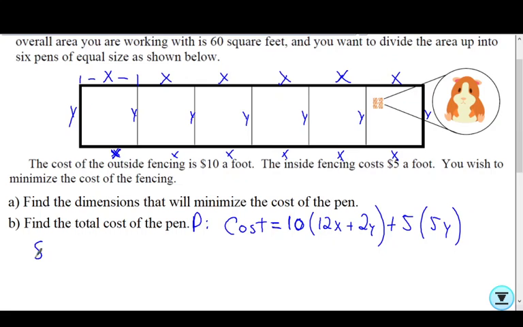So my secondary is my area, which is in this case, well, yep, 60 feet has to be equal to what? The area is my length times width. So it's y times 6x.